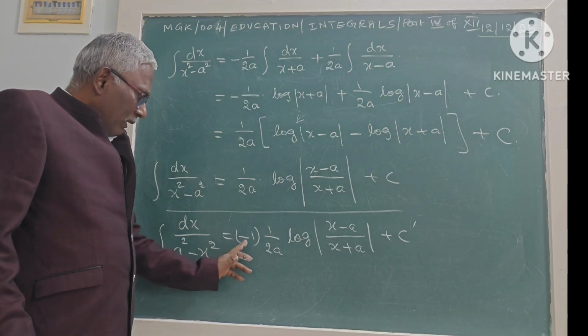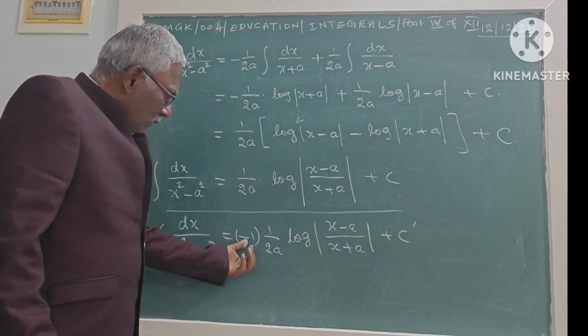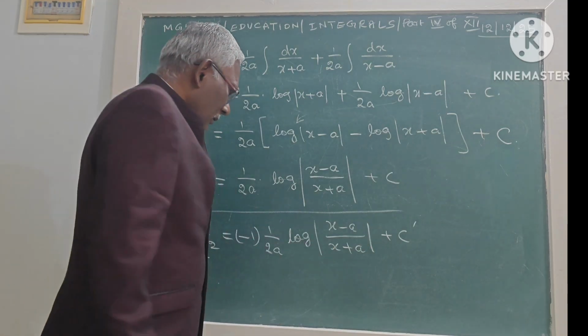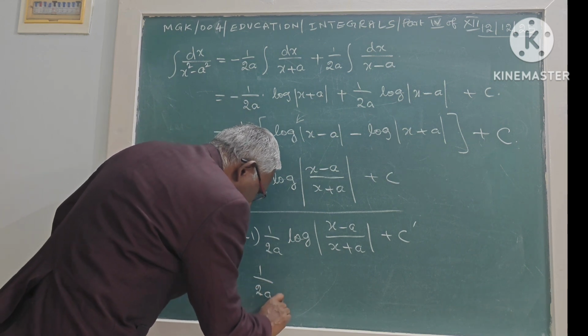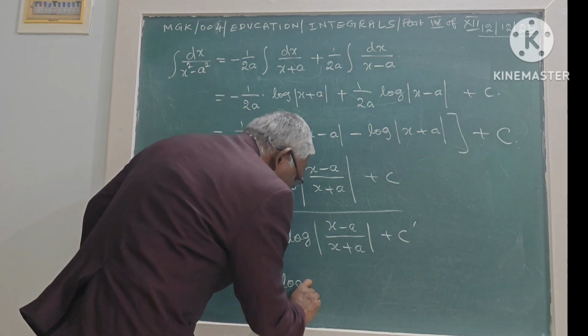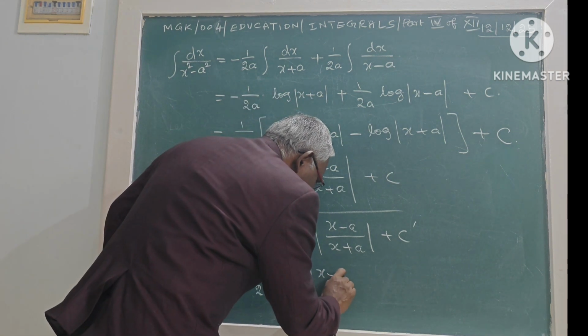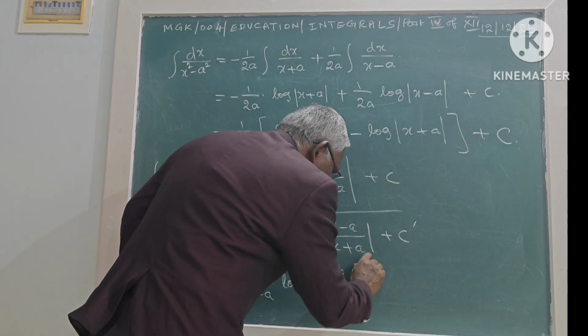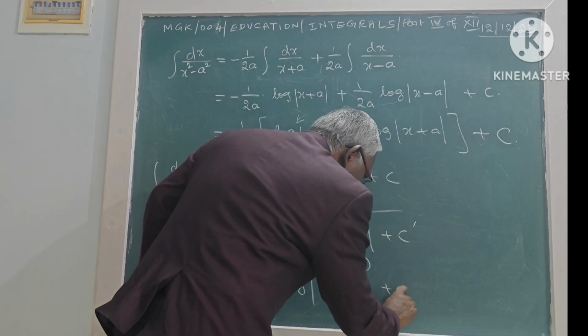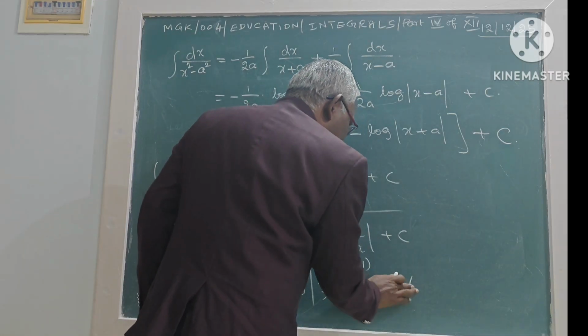This minus 1 should be taken inside: 1 by 2a log of x minus a by x plus a power minus 1 plus c.